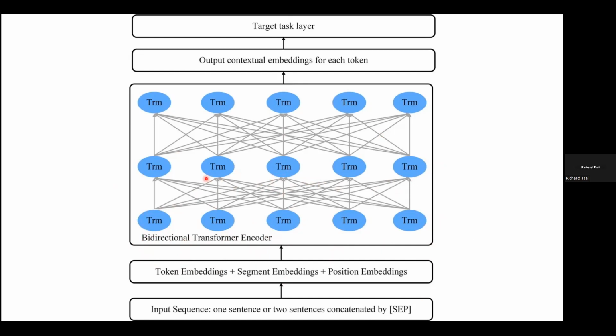The output from the final encoder can be regarded as contextual embeddings for each token. These contextual embeddings can be used as input to a task-specific layer to carry out various downstream NLP tasks.